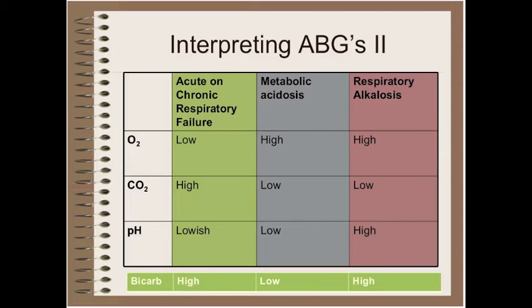An important thing to know is that the bicarbonate is just calculated by the blood gas machine. The only things that the blood gas machine measures are the PO2, the PCO2 and the pH, and the rest is calculated. That's why they're the three measures that I've put on the screen there.